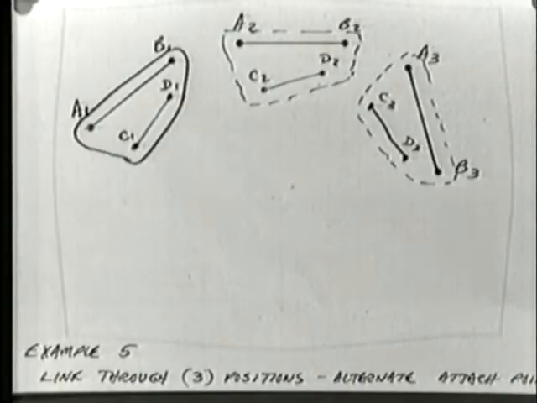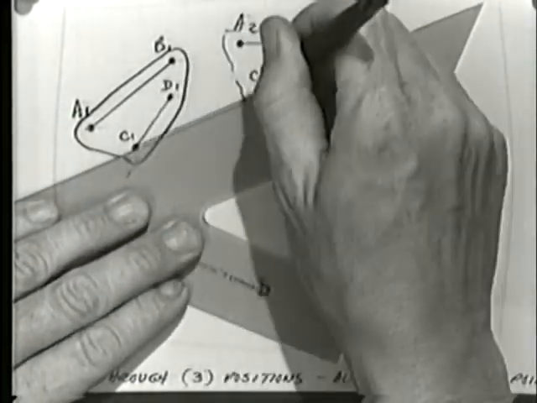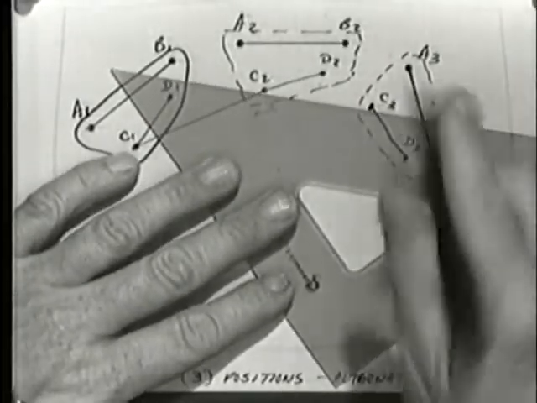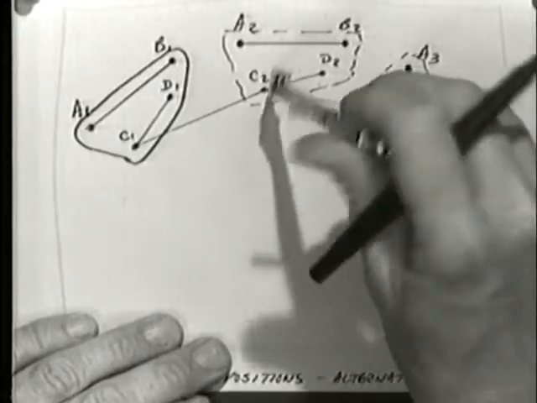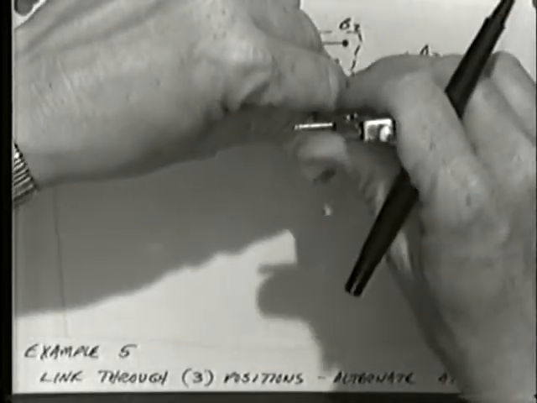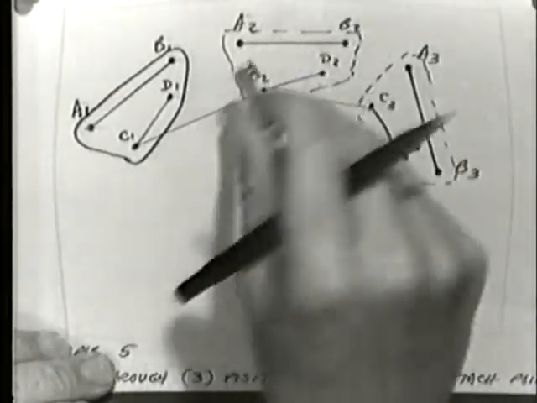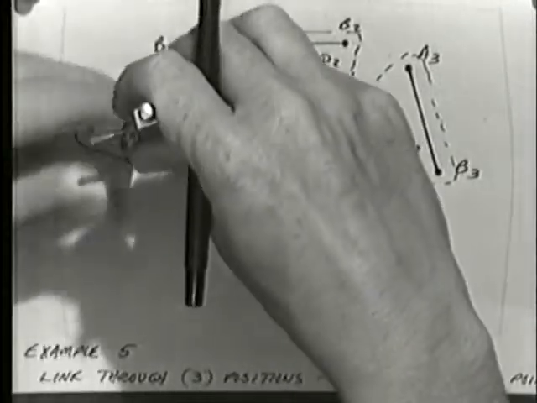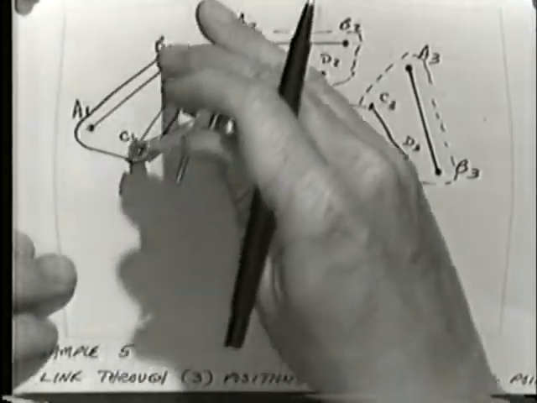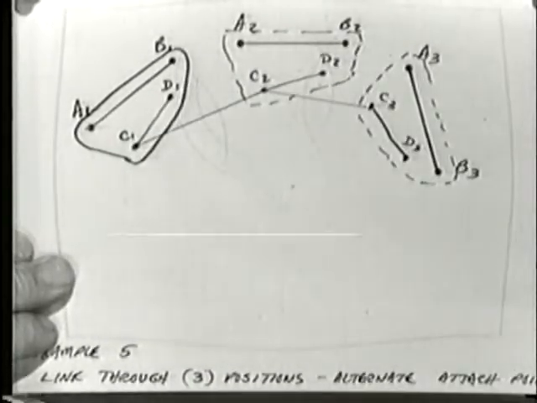The method is exactly the same. I'm going to do the track of C1 to C2 and the track of C2 to C3. I'm going to take the perpendicular bisectors of those 2 tracks, and I'm going to find the rotopole of C. I guess I need a longer radius for this one than that.